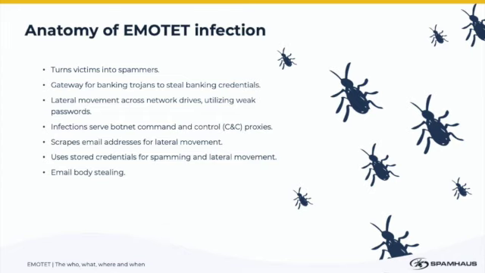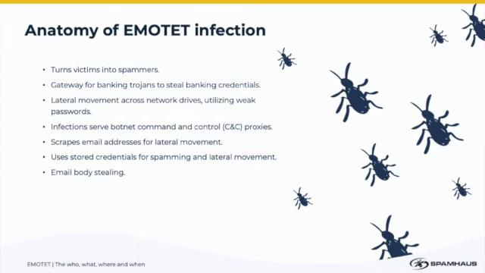So, whenever there's an infection of Emotet, we wonder what happens on an infected machine. What's the anatomy? What's the structure of an infection? So basically, when an infection happens, the first thing it does is turn victims into spammers, and it immediately starts spamming.